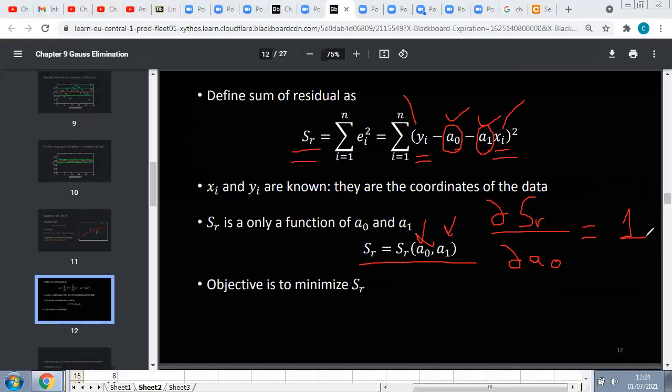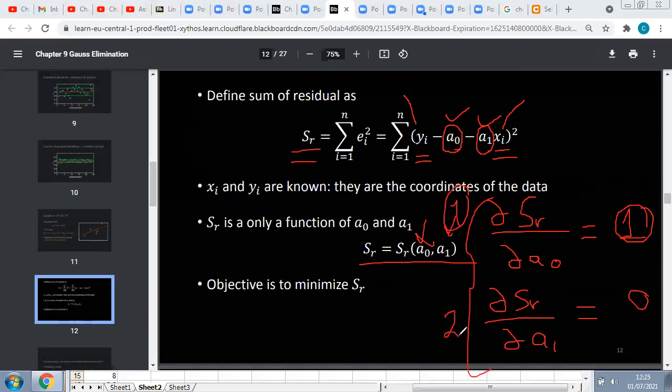And the second equation will be obtained by doing del SR by del a1 equals 0. So now you will end up with equation 1 and equation 2. I will then solve for my two unknowns, a0 and a1. So now let us proceed together and derive SR, first with respect to a0, then with respect to a1.